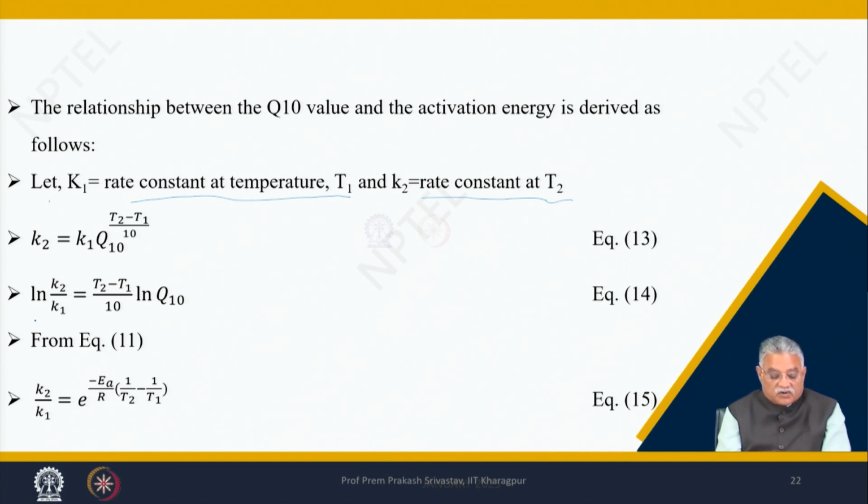Let us take the natural log of this, then natural log of K2 divided by K1 is equal to (T2 minus T1) divided by 10 times natural log of Q10. Then from equation 11 we can write that K2 by K1 is equal to e to the power minus EA divided by R into (1 by T2 minus 1 by T1).